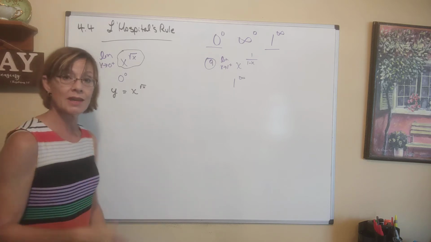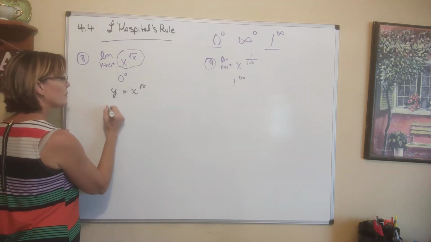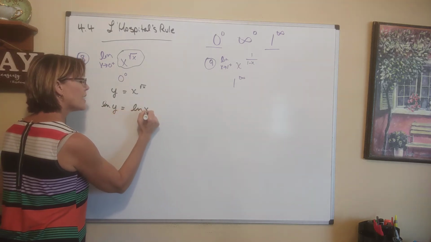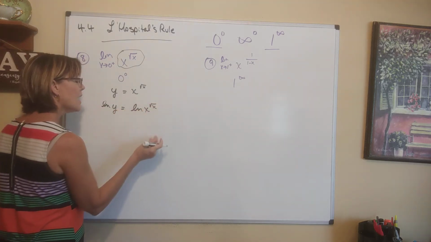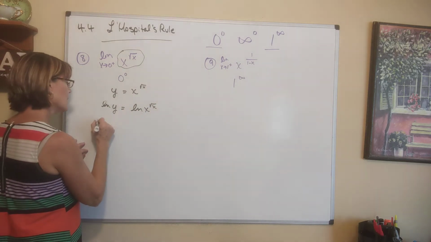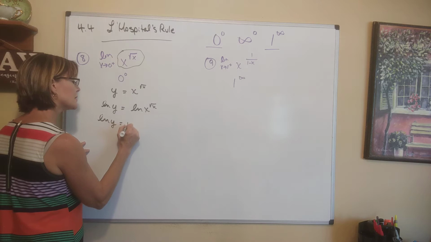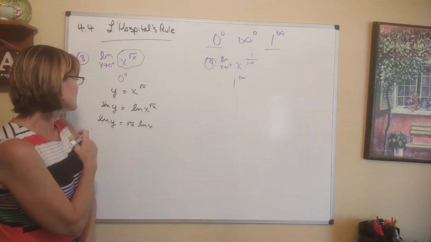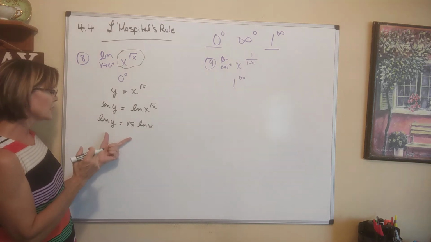So let's take the natural log of both sides. The natural log of y is equal to the natural log of x to the square root of x. We use the power rule, where we get to throw the power in front. So the natural log of y is the square root of x times the natural log of x. Okay, so that is good.